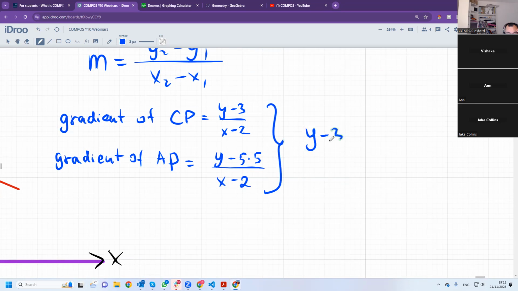So (y minus 3) divided by (x minus 2) multiplied by (y minus 5.5) divided by (x minus 2) has to be equal to minus 1.